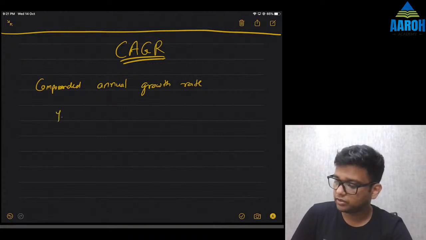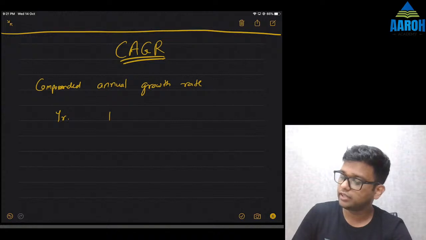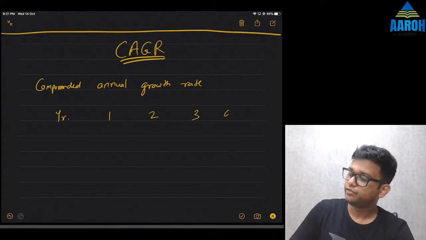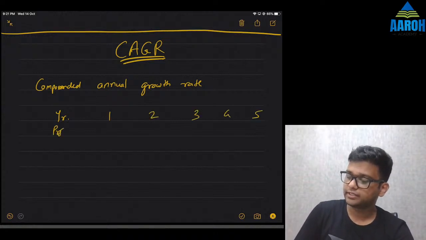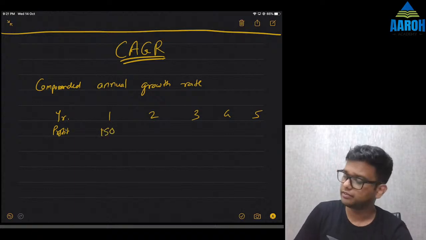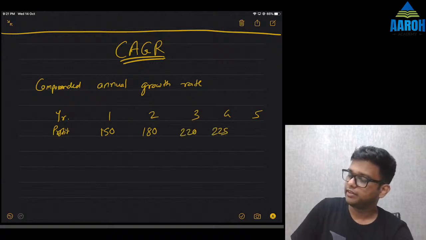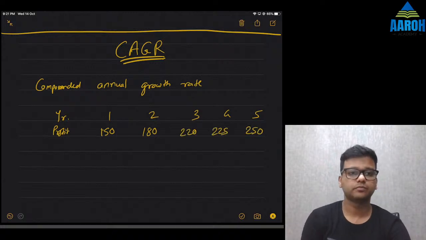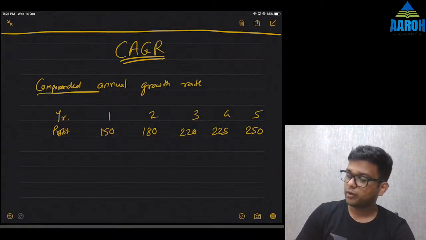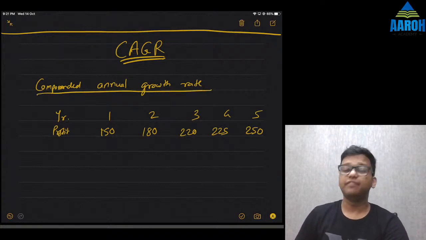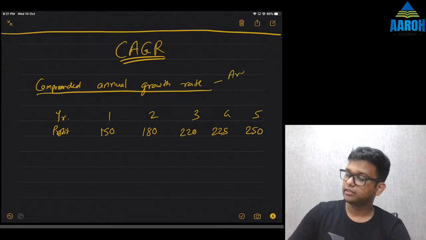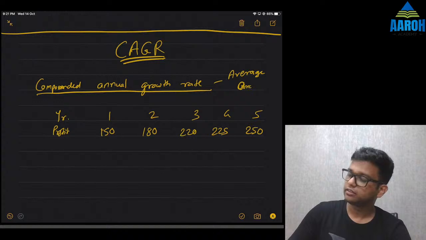Let's say you have been given year 1, 2, 3, 4, 5 and profits. Let's say profits are, in rupees in lakhs, 150, 180, 220, 225 and 250. Then compounded annual growth rate means average growth rate during the period.